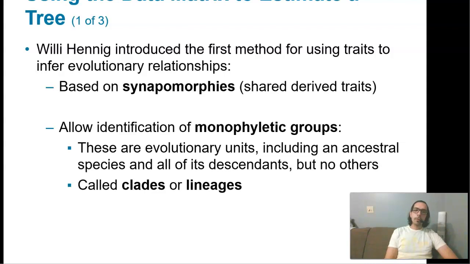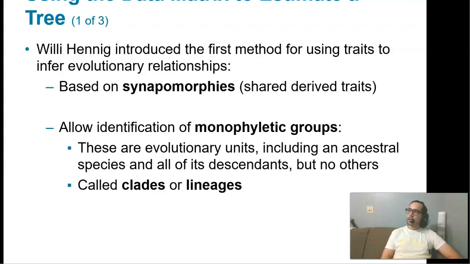William Hennig introduced the first method for using traits to infer evolutionary relationships. These were based on synapomorphies, which are shared derived characteristics.